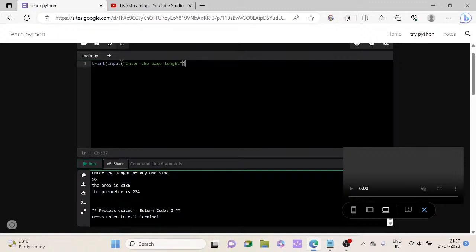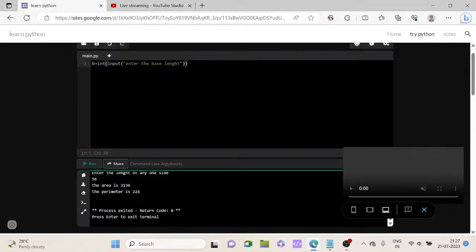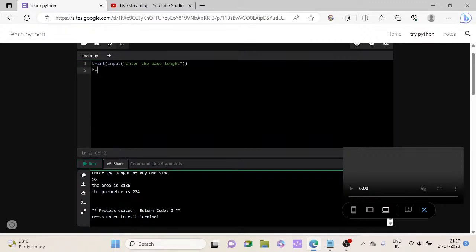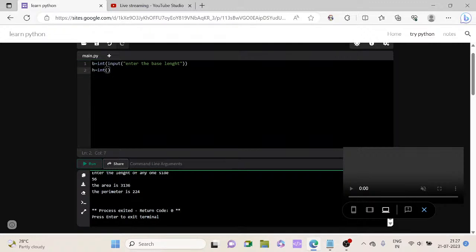Then closing that, then at the next line we'll be typing height, that is equal to int, bracket, input, and again a bracket, inverted comma, enter the height or hypotenuse.